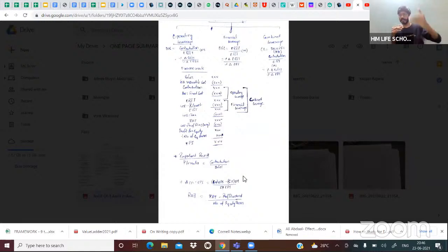Now when you start building a framework, the same sales less variable cost gives contribution. Once you build it, you just have to go back to the question and identify it. So overall you're just building a structure. I'll give you more practical examples towards the end of the session, which I actually do in real life, but this is a structure. First build the structures, then fill in the blanks.